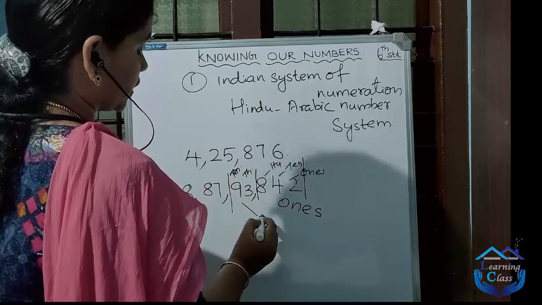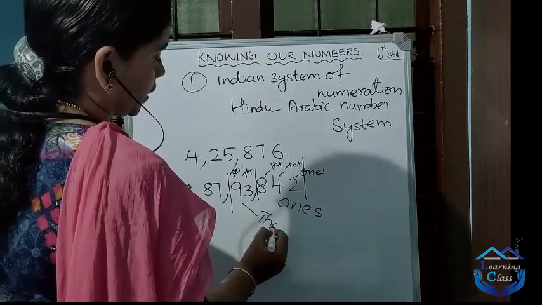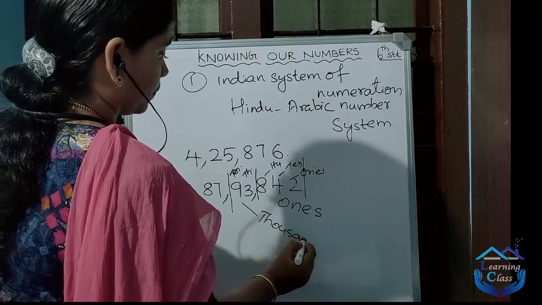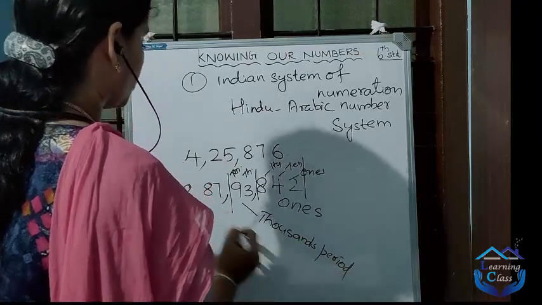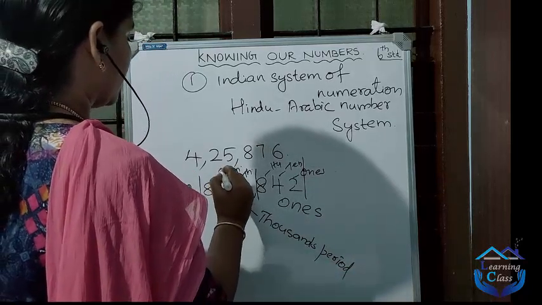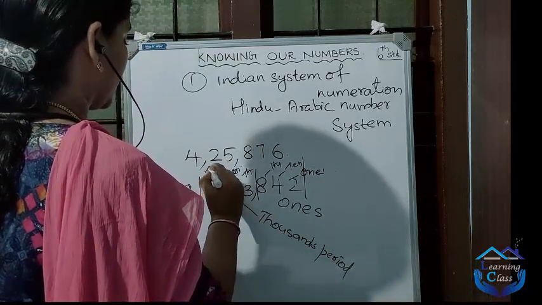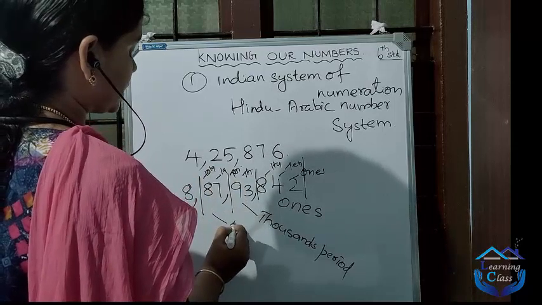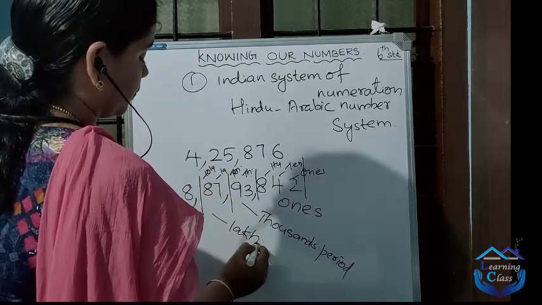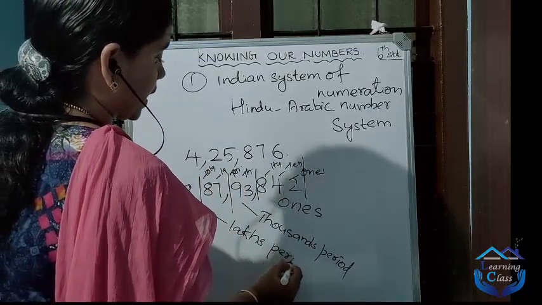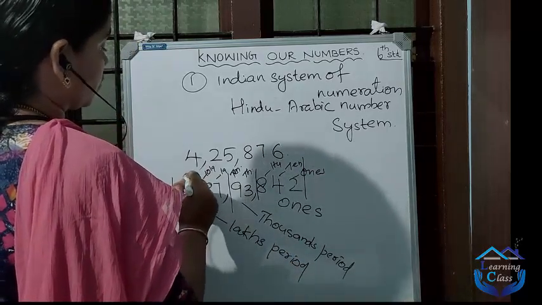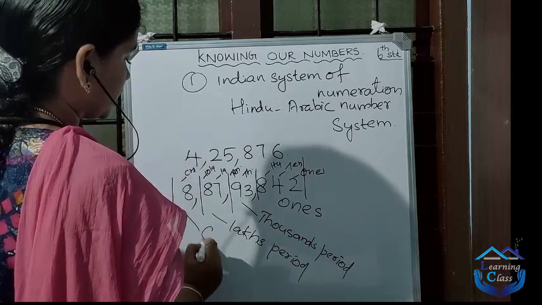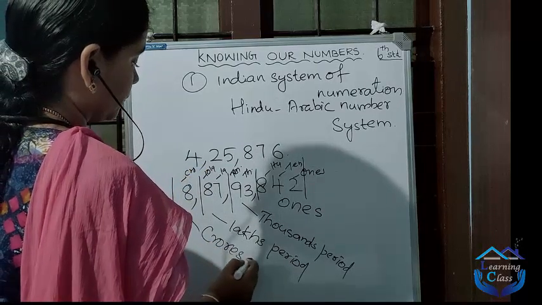This is called the thousands period. And the next one is lakh. This is 10 lakh. This is called the lakhs period, and the last one is crore. This is called the crores period.